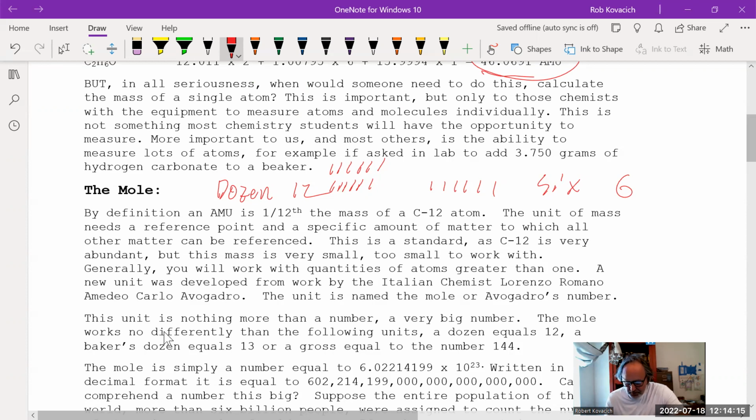So we need something bigger than 6 or 12. We need something much, much bigger because the atoms themselves are very small. They are too small to be worked with on an individual basis. So we're going to have to gather a bunch of them together to have anything that's worthwhile. If you somehow were to put 1 billion water molecules in your hand and then throw it at your face, you wouldn't feel anything.